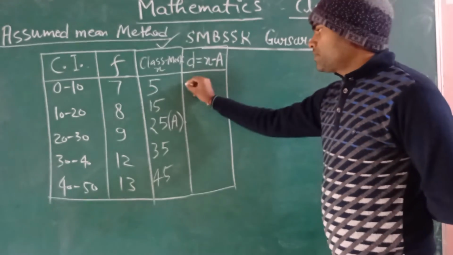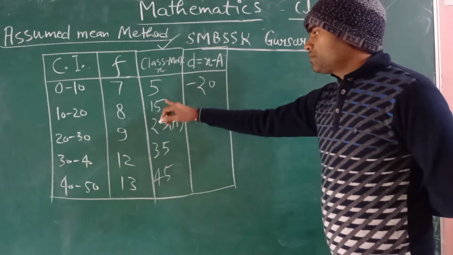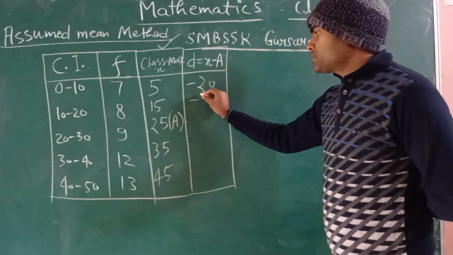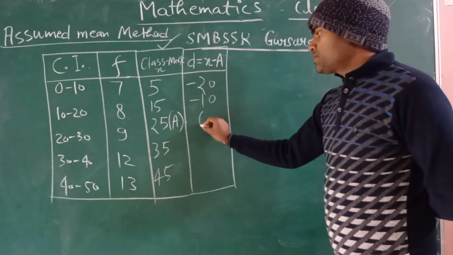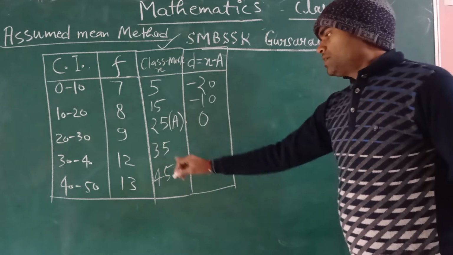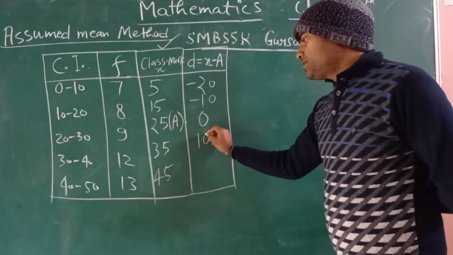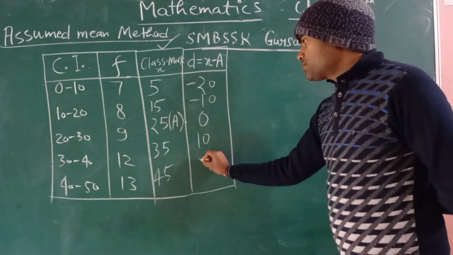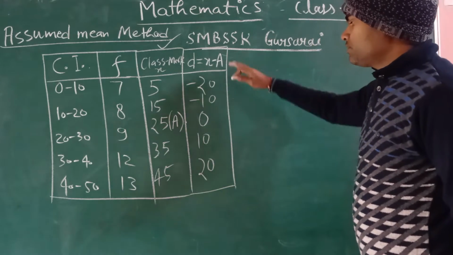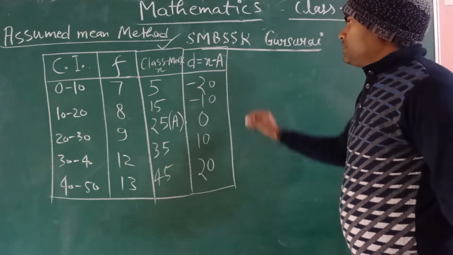5 minus 25 is minus 20, 15 minus 25 is minus 10, 25 minus 25 is 0, 35 minus 25 is 10, 45 minus 25 is 20. So these are the values for deviation d.